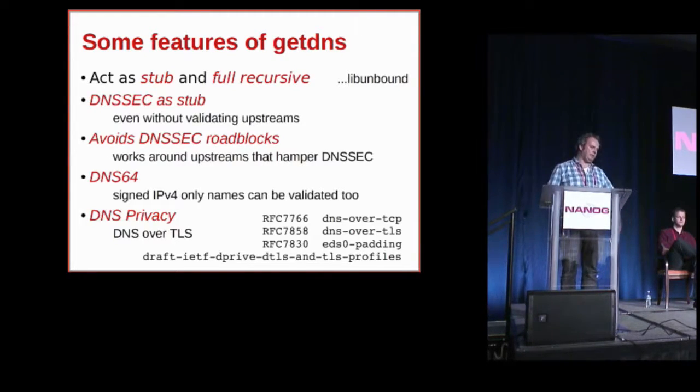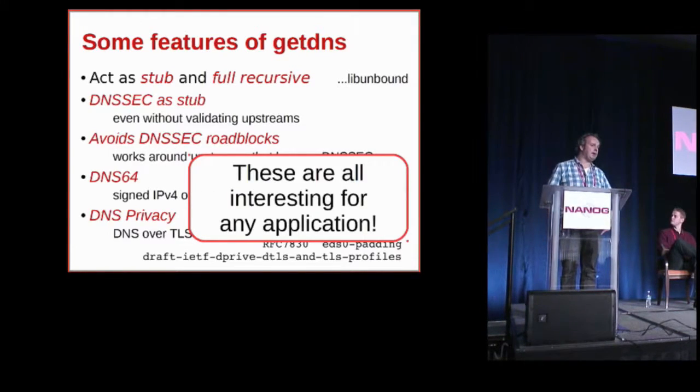And there's a draft about ways to authenticate the TLS session and also EDNS0 padding. So getDNS has lots and lots more features, which I'm not going to talk about, but these features are actually interesting for any application, right? It would be nice if any application on your system could use getDNS as a stub resolver, with these features.